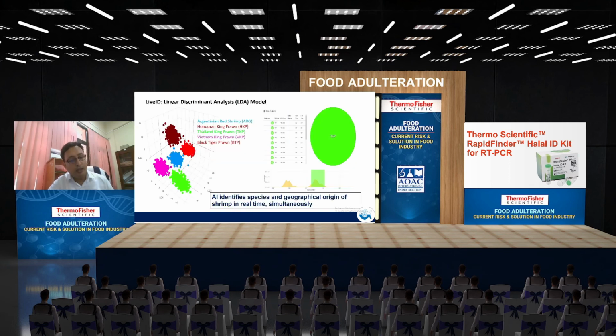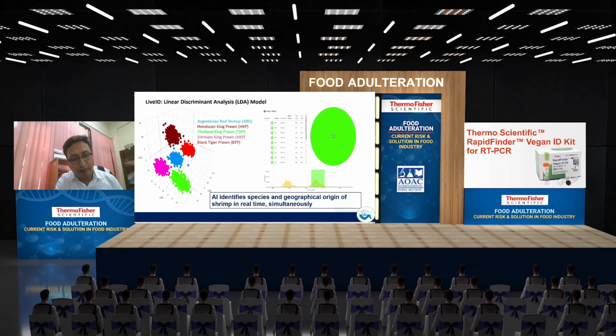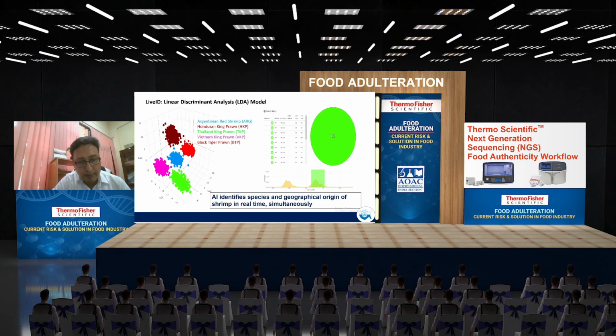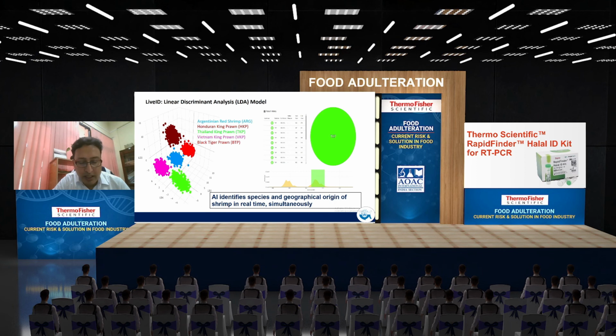So here again, we did an experiment where we tried to authenticate the species and geographical origin in the same predictive model. Here, the advantage of ambient mass spectrometry techniques is that you can get the result instantaneously, and you don't have to wait for chromatography separation or data acquisition, and it doesn't involve any sample preparation at all.